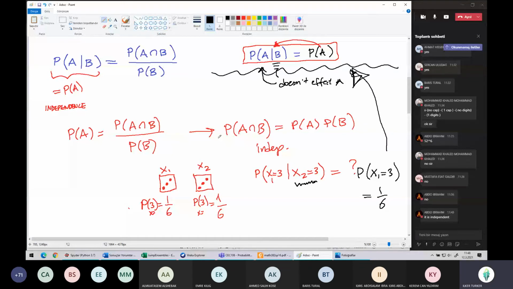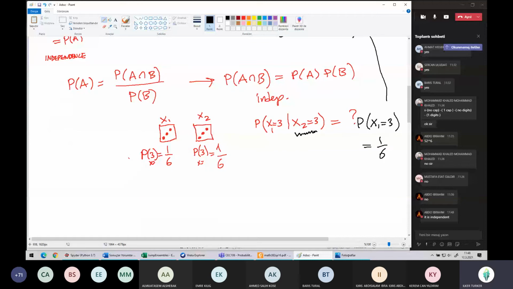So we can conclude that the probability that both dice show x1 equals 3 and x2 equals 3 is P(A) times P(B): 1 over 6 times 1 over 6, which is 1 over 36.